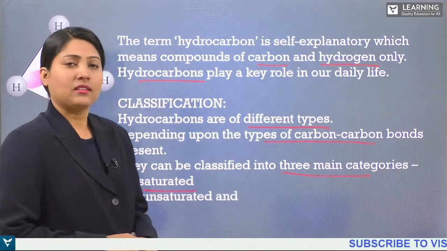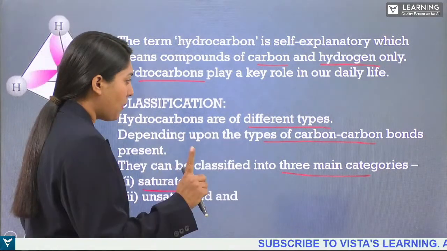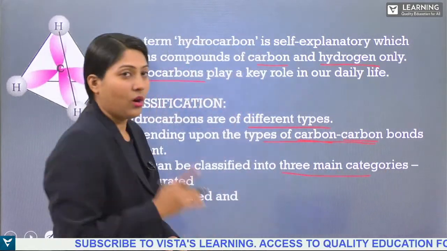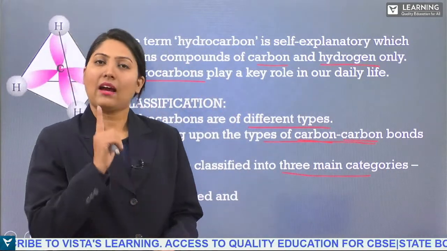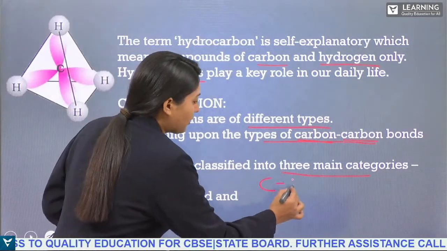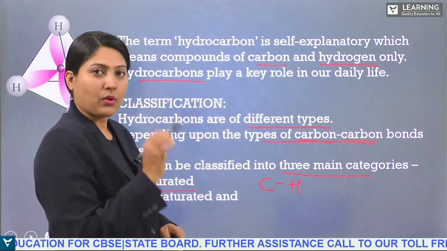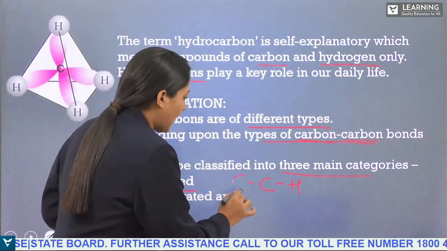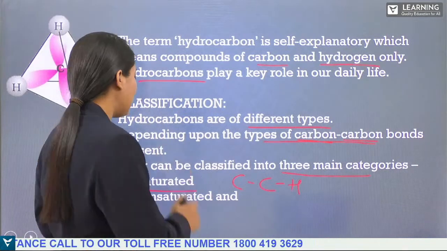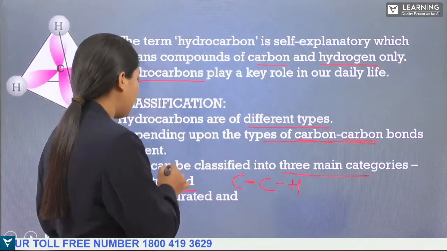If you go with unsaturated, remember this is about the bond between carbon and carbon. Carbon and hydrogen will always have only a single bond. Don't get confused with carbon-hydrogen bonds. It is the bond between one carbon and another carbon. If you have 2 carbon atoms with a single bond, then that comes under saturated.